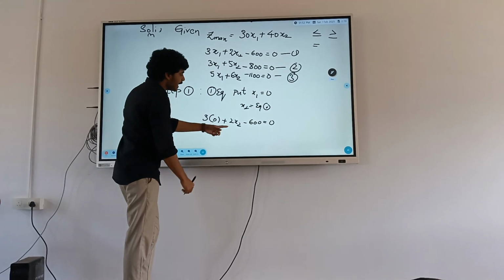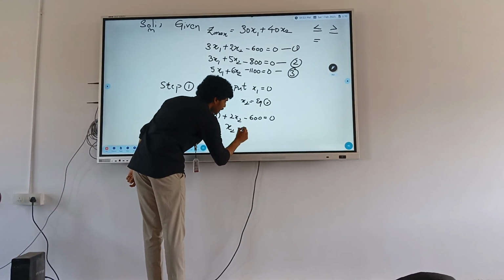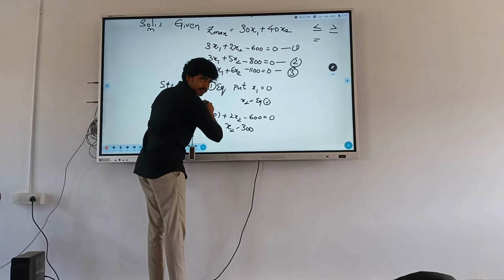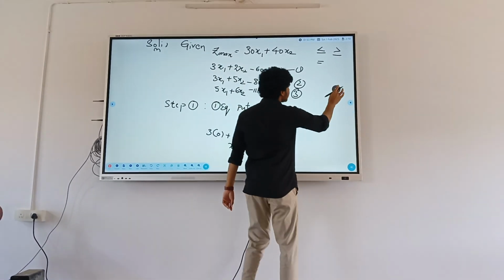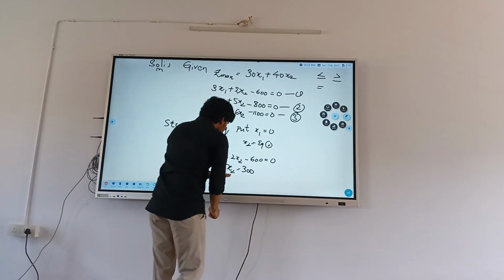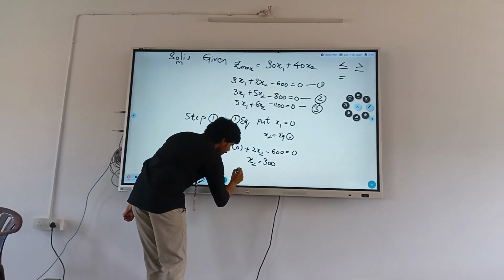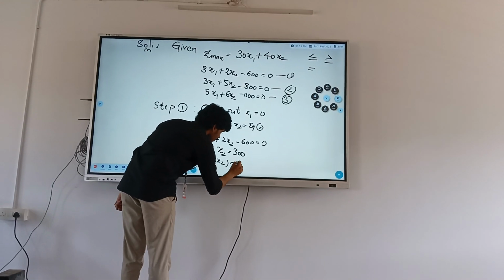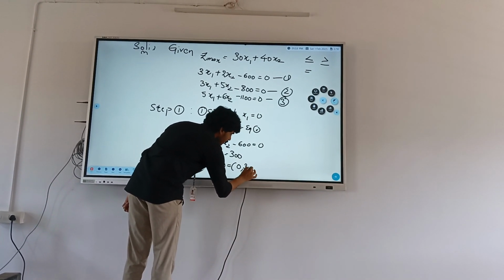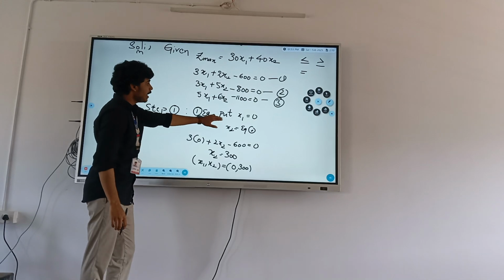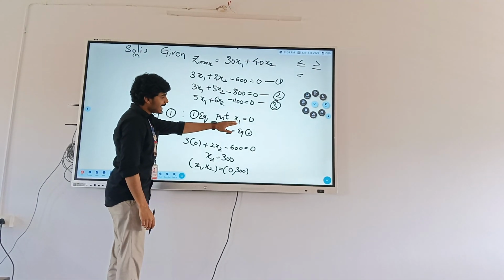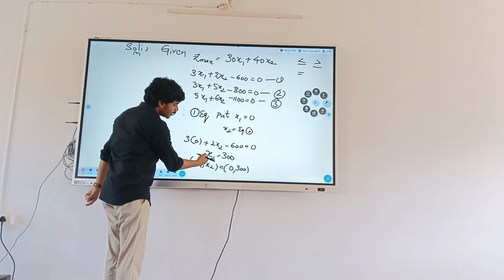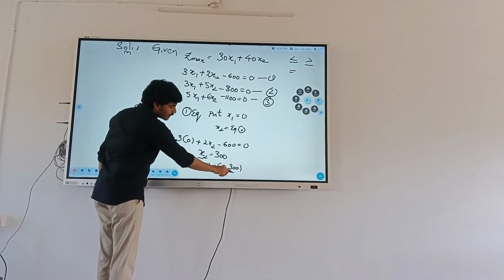From this, the x2 value will be 300. So the points will be 0, 300, because we took x1 as 0 and we got x2 as 300.